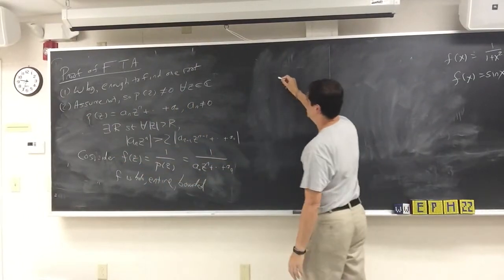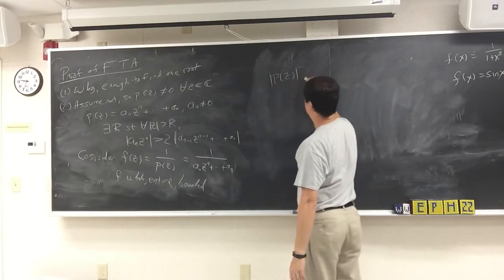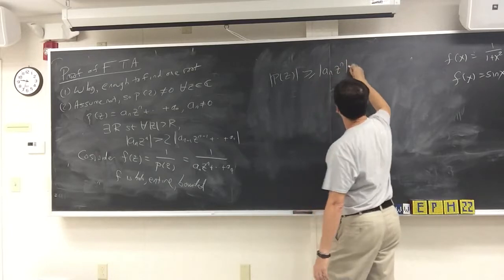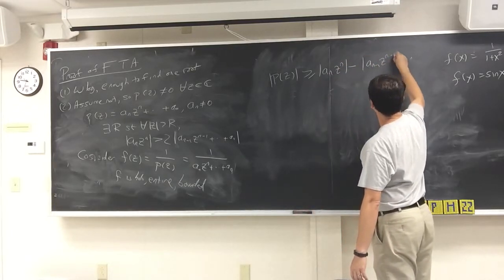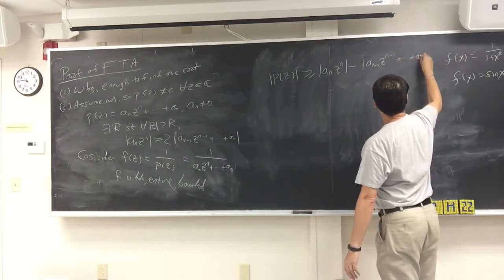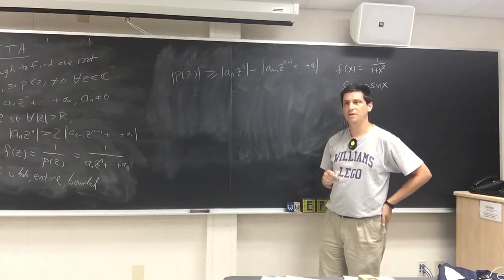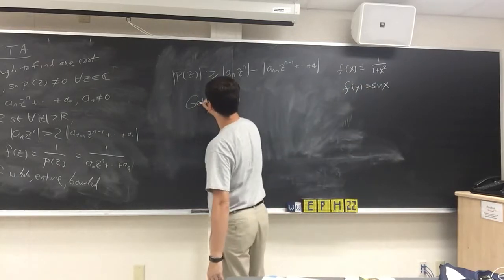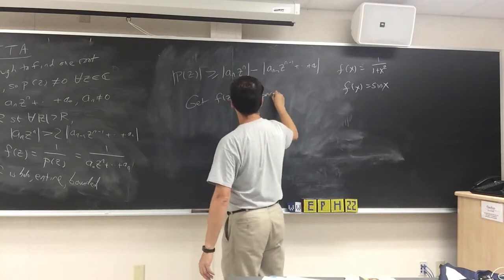So what I would get is the absolute value of p of z is greater than or equal to the absolute value of a_n z to the n minus the absolute value of a_{n-1} z^{n-1} plus ... plus a_0. I'm basically trying to assume that there's as much cancellation as possible. And we know that this has to be a certain size. So we get that f of z is bounded.